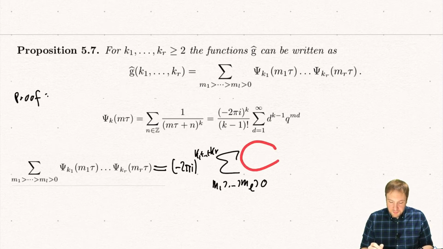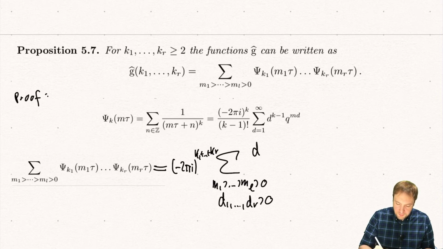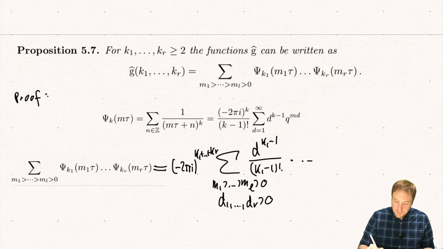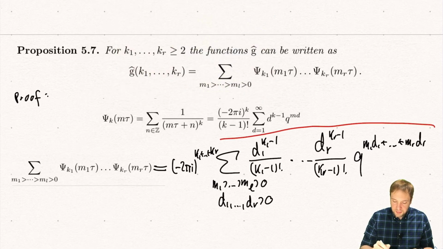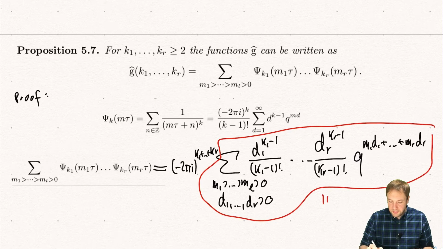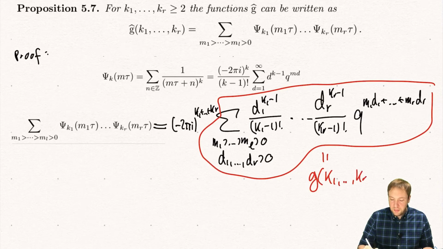And then inside here I get a sum d1 up to dr greater 0, and here I have d1 to the k1 minus 1 over k1 minus 1 factorial up to dr to the kr minus 1 over kr minus 1 factorial, q to the m1 d1 plus up to mr dr. And this here is exactly the definition of our Q series small g, g k1 up to kr.